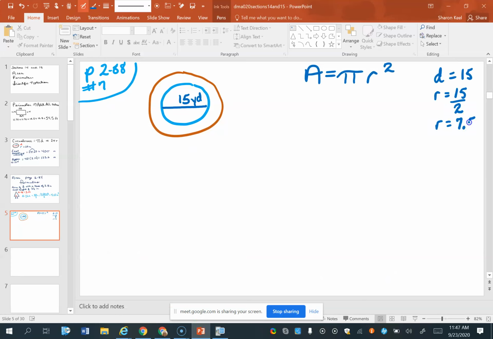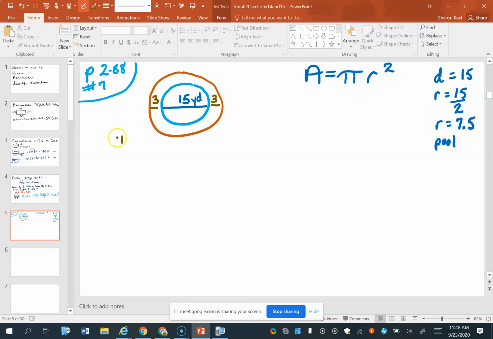So it was important that I calculate what the radius is, and this radius here is for the pool. The other information they gave us is that the walkway around the pool is 3 yards. So that means if this other circle around it represents how far out it goes, the concrete's going to be poured from the pool to that edge. So here is a distance of 3, and here is also a distance of 3.